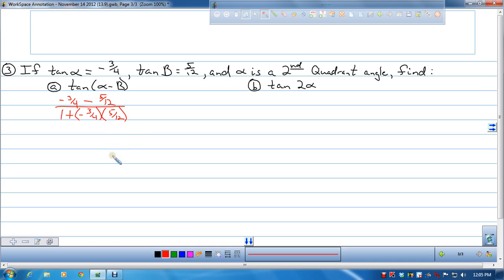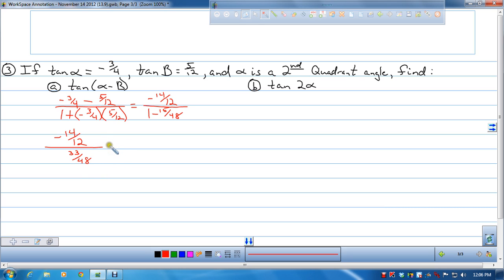To be quite honest with you, I might just plug this into my calculator and hit enter. If you didn't want to do that, here would be the procedure. Find a common denominator. You're going to realize that that is negative 14 over 12. You multiply across here, you're going to end up with 1 minus 15 over 48. All that's going to simplify to negative 14 over 12 over 33 over 48.